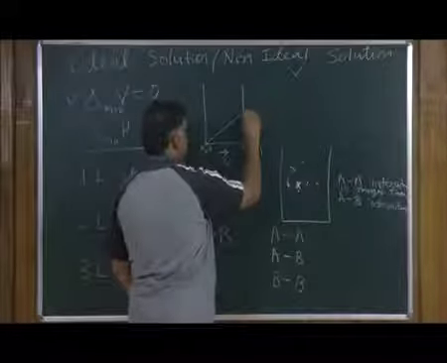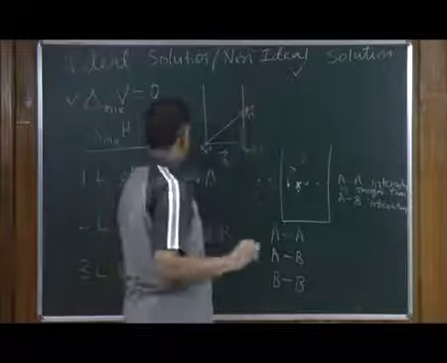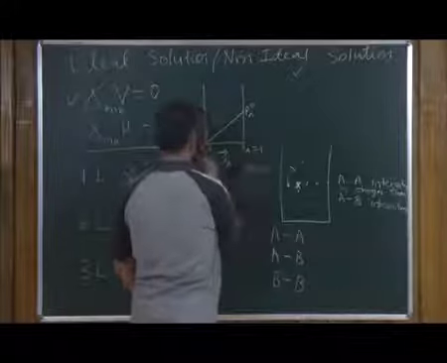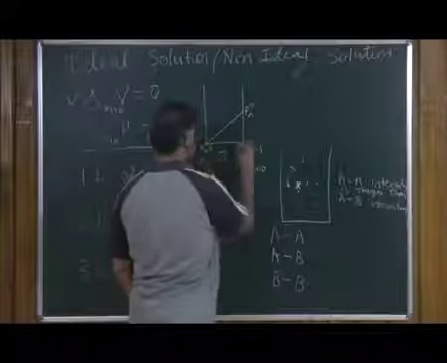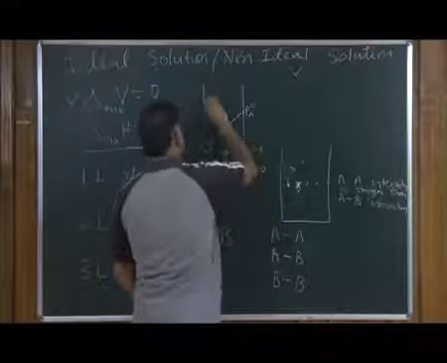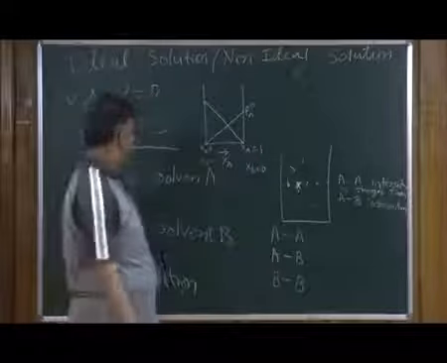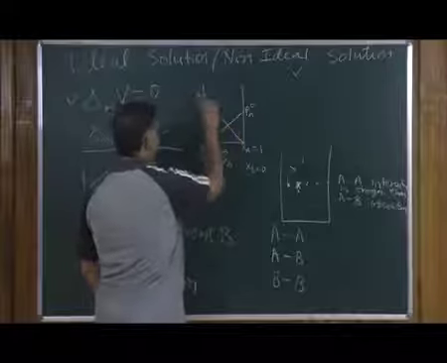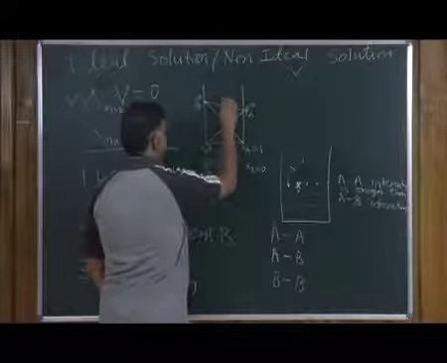Let us say this is P A 0, and same thing if x B over here is 0, x B over here is 1, and we get another line. This is the vapor pressure of B. This we have done earlier, and this is P B 0, and the total pressure is going to be this.